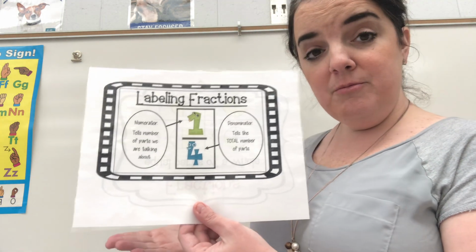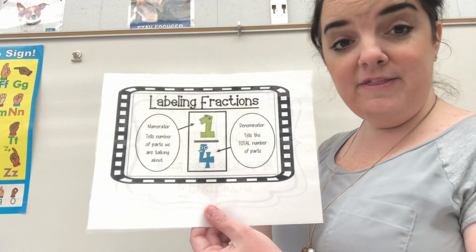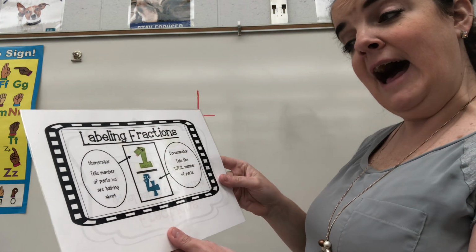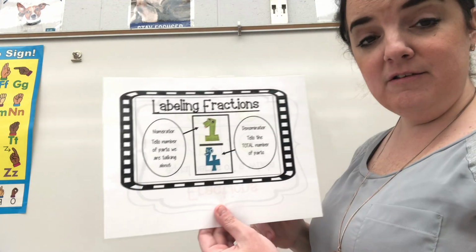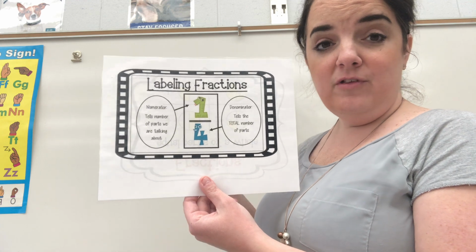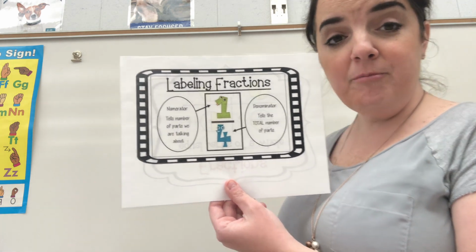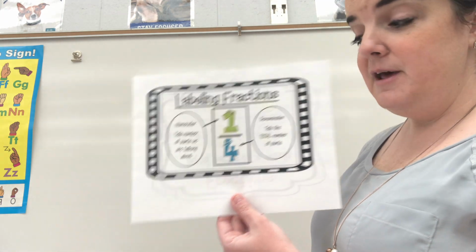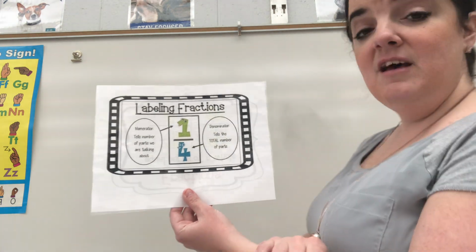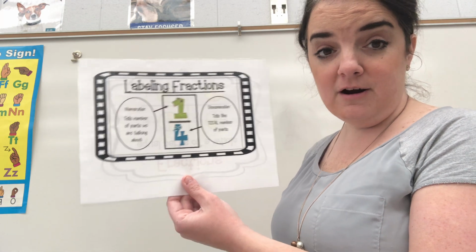So we have the numerator and the denominator. The numerator, which is the number on the top, tells us the number of parts that we are talking about. And the denominator, which is the bottom number, tells us the total number of parts.